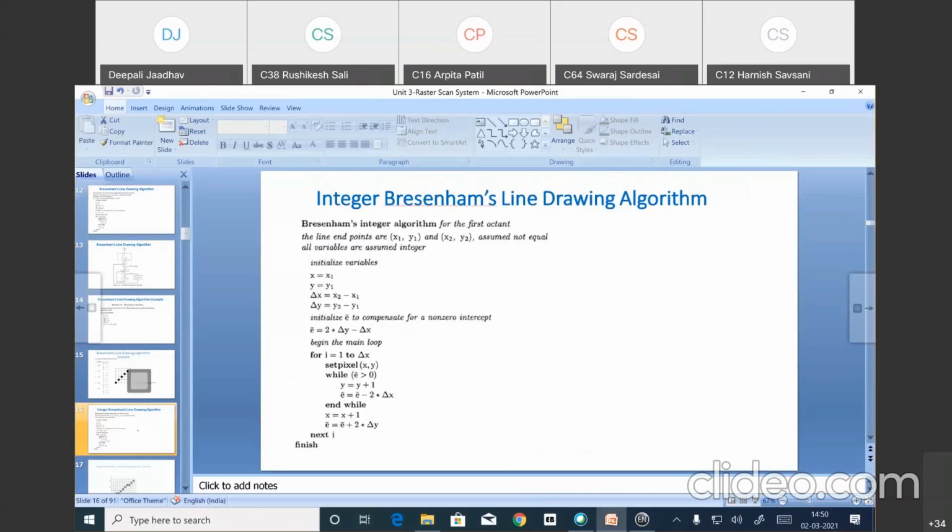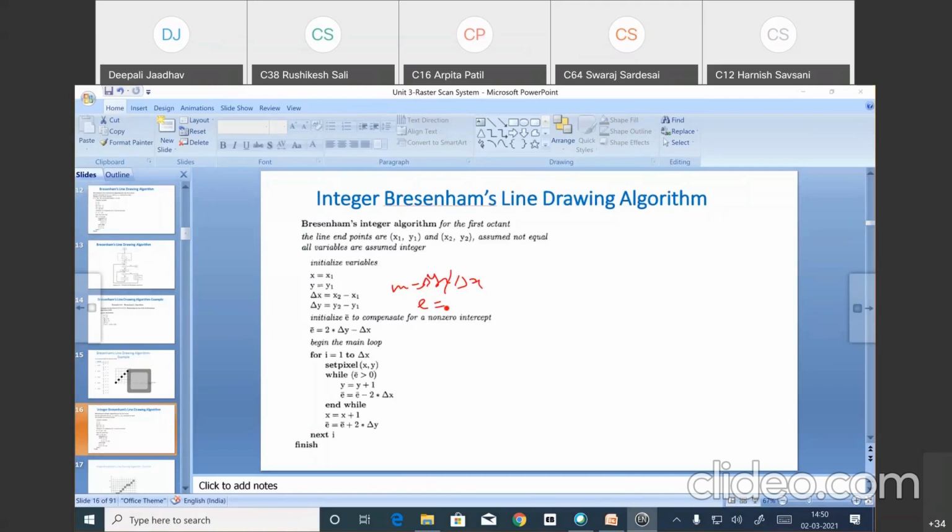So what changes are made here in the integer Bresenham's algorithm? In the previous algorithm, m is calculated as delta y upon delta x, which may be a floating point number. Why? Because it's a division. And e, which compensates for a non-zero intercept, also may generate a floating point number.